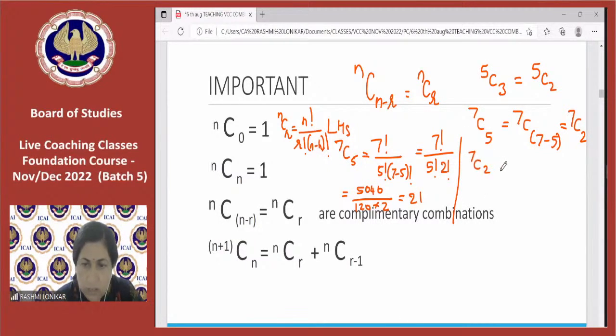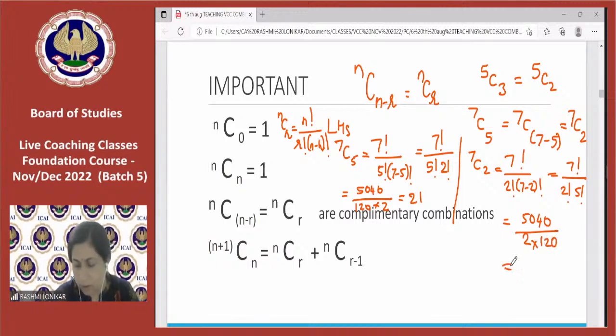Now let us see how much is 7C2. 7C2 is 7 factorial upon 2 factorial into 7 minus 2 factorial, which is equal to 7 factorial upon 2 factorial into 5 factorial, which is 5040 upon 2 into 120. So 5040 divided by 2 divided by 120 is equal to 21.